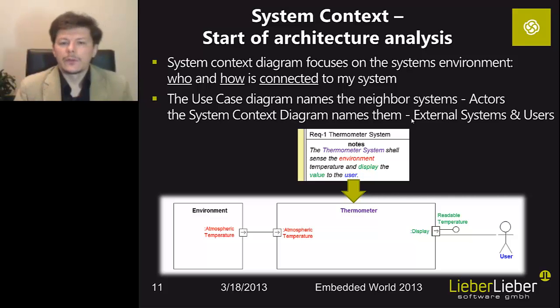A use case diagram and system context diagram show basically the same system neighbors, but they name these neighbor systems differently. Use case diagram names them actors independently if you speak about systems or humans, and system context diagram names them external systems and users.